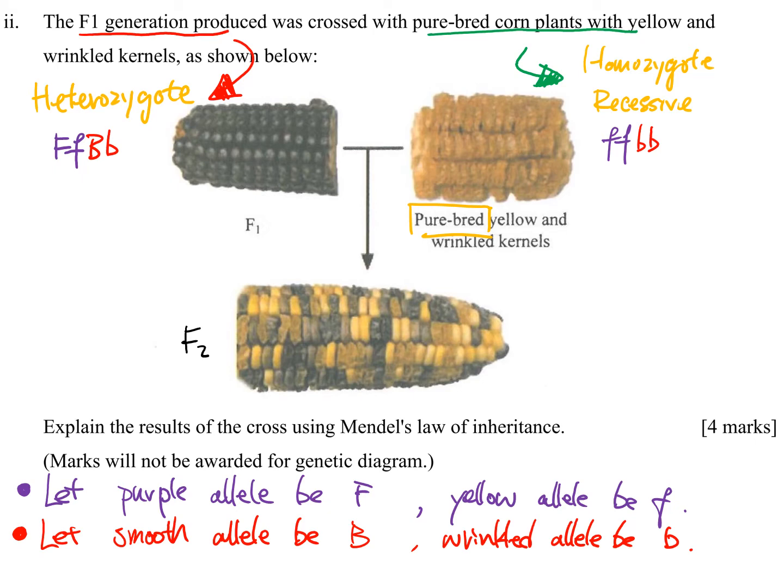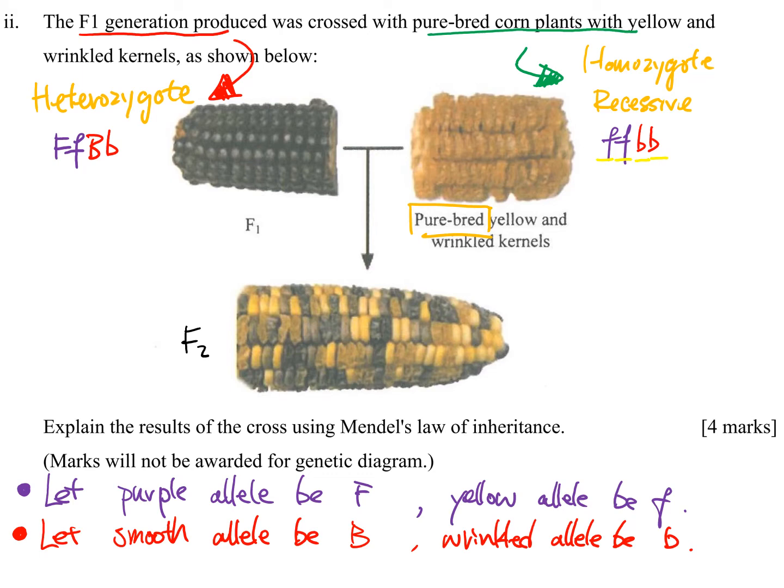And then we can write out the genotype of the homozygous recessive first. The homozygous recessive has two recessive yellow alleles, while also having two wrinkled alleles. So you have small letter f, small letter f, and small letter b, small letter b all together.